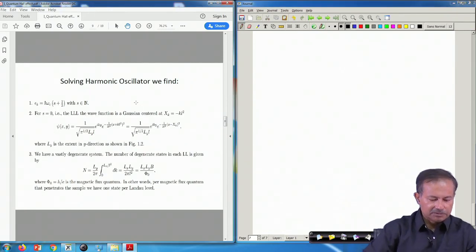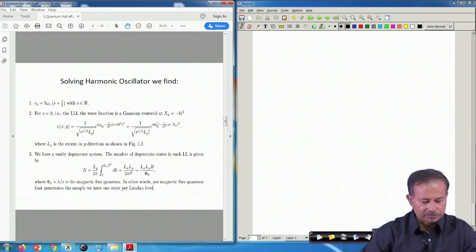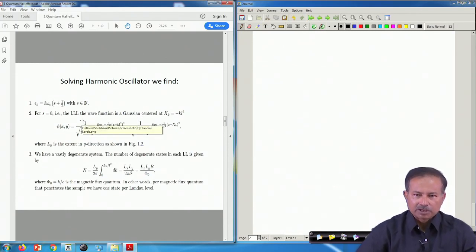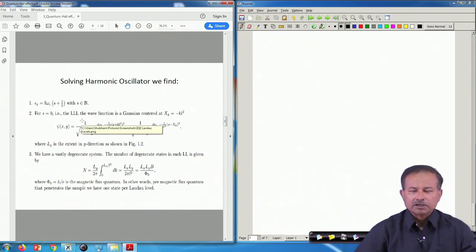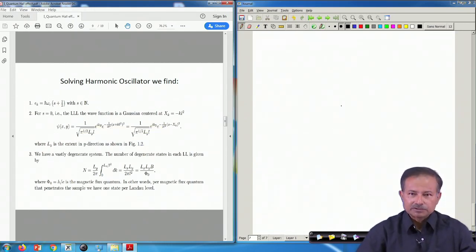So, one can write down the solutions, and the solution is basically a simple harmonic motion in the y direction, and a plane wave in the x direction for my choice of gauge.